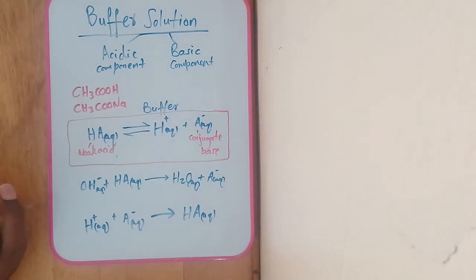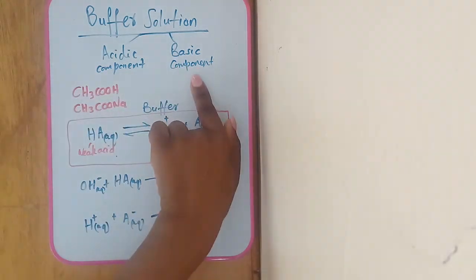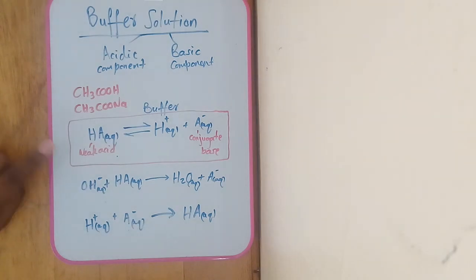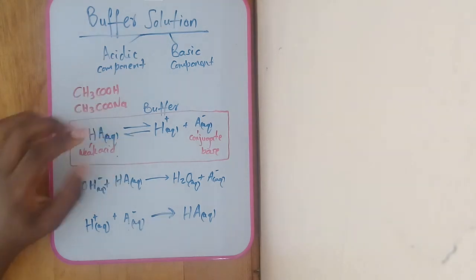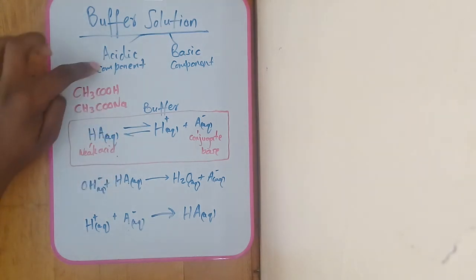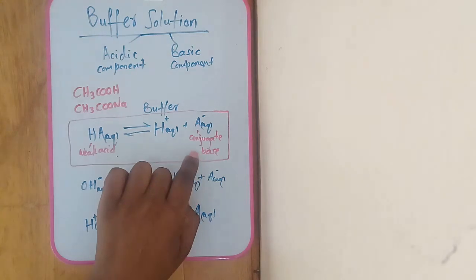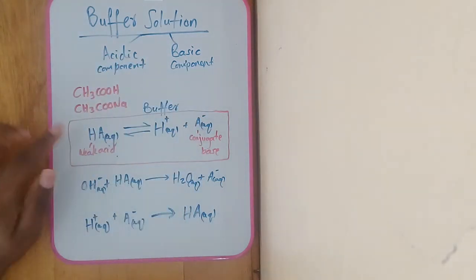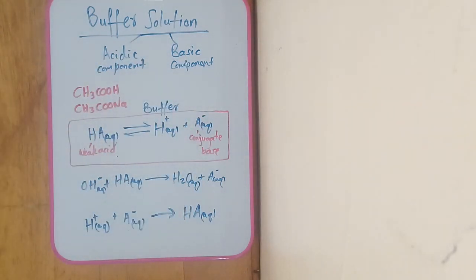And if you add your strong acid in small amounts, it will be neutralized by the basic component of your buffer. So this is the typical buffer that I made here. This is the acidic part that I'm talking about, and this is the basic part, when I'm using my weak acid.